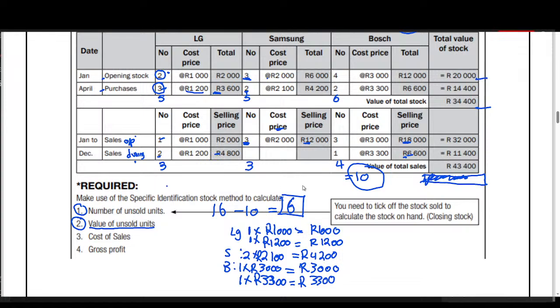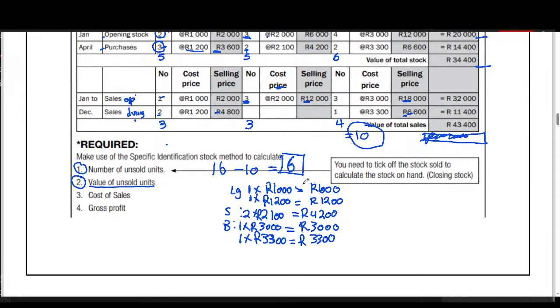So now we can add up everything here so that we can get the value of units that were not sold. It's going to be 1,000 plus 1,200 plus 4,200 plus 3,000 plus 3,300, and that gives us 12,700.